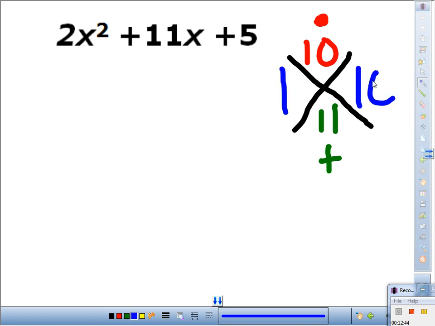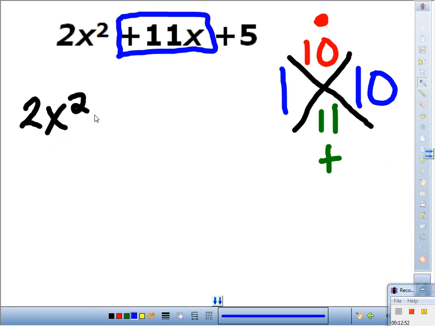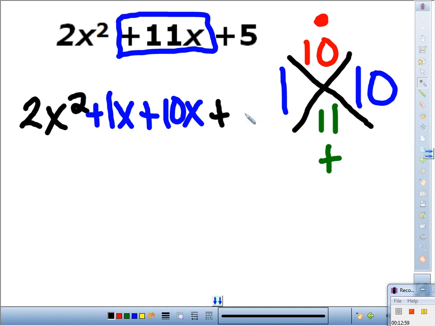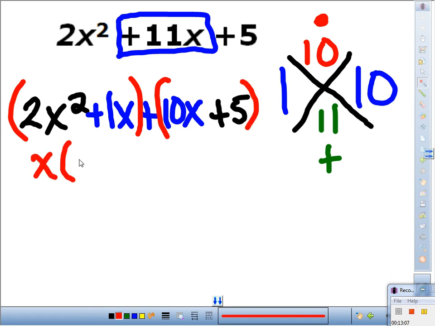1 and 10. All right. Let me rewrite this. 2x squared, but instead of 11, what do I write? 1x, 10x, and I bring down the last term, which is plus 5. Let's group the first two. Let's group the last two. GCF here is x. We're left with 2x plus 1.